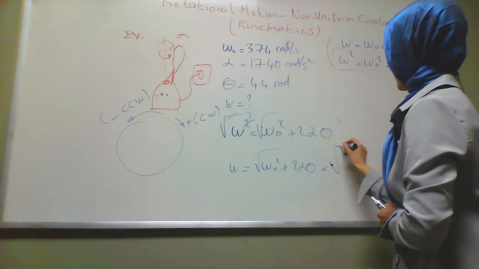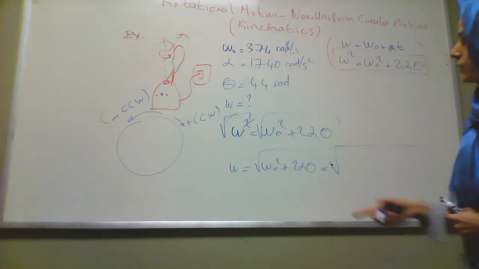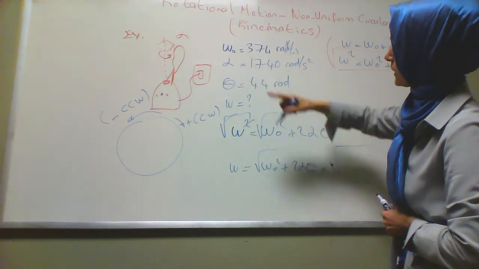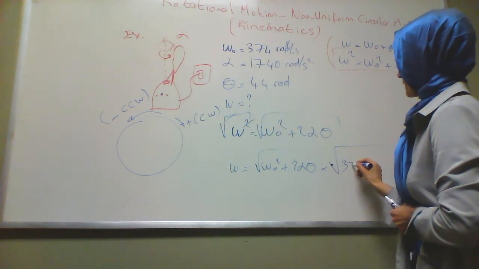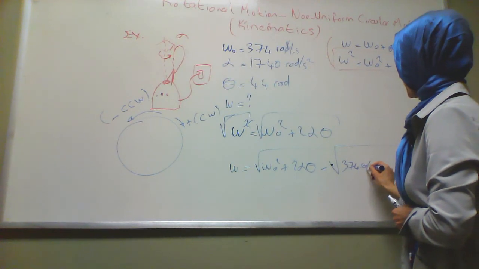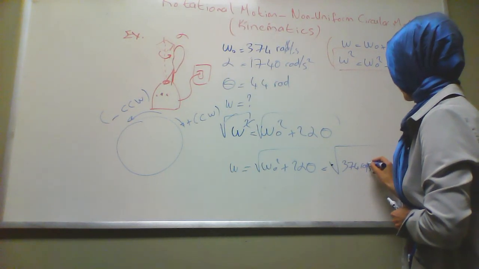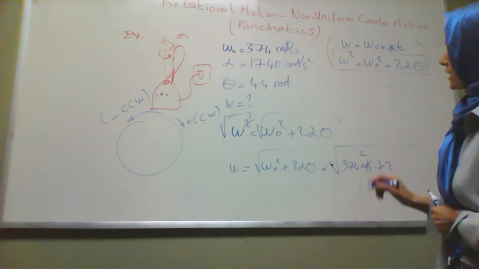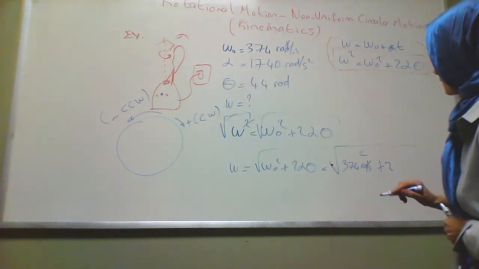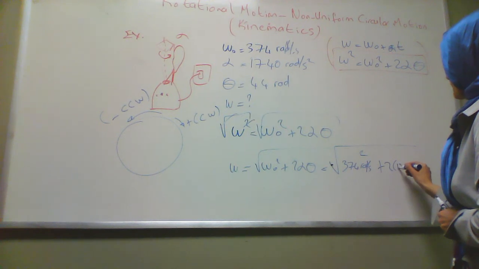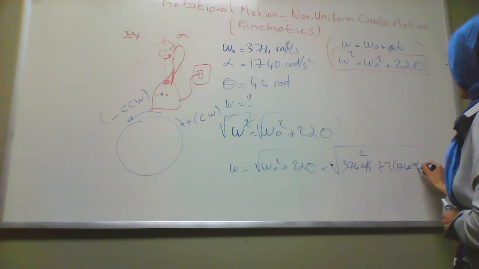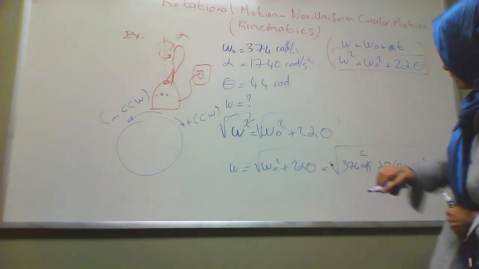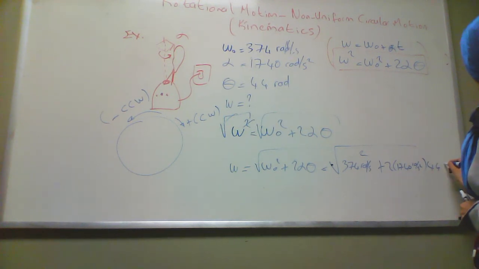Then all we need to do is to enter all the values we know. Final omega equals the square root of initial omega, 374 rad per second, squared, plus 2 times alpha, 1740 radian per second squared, times theta, 44 rad.